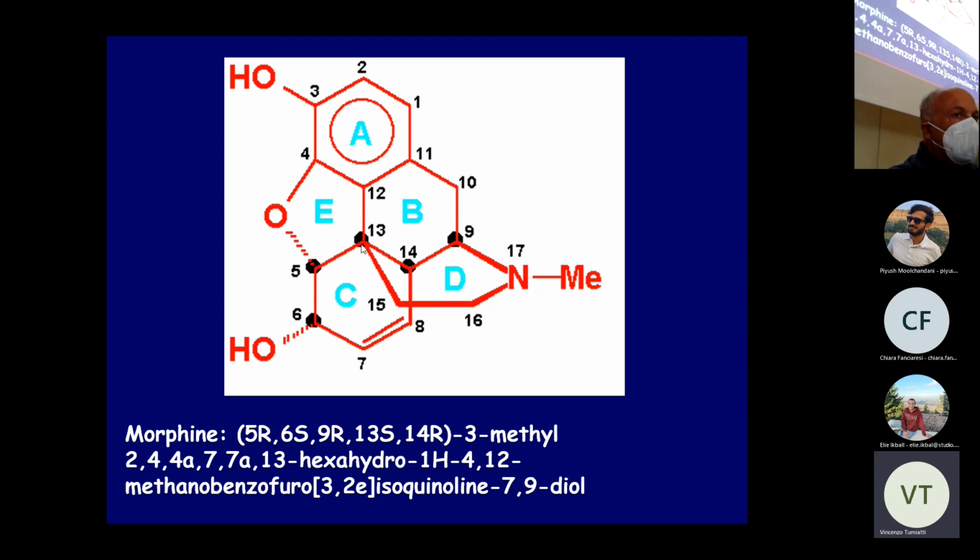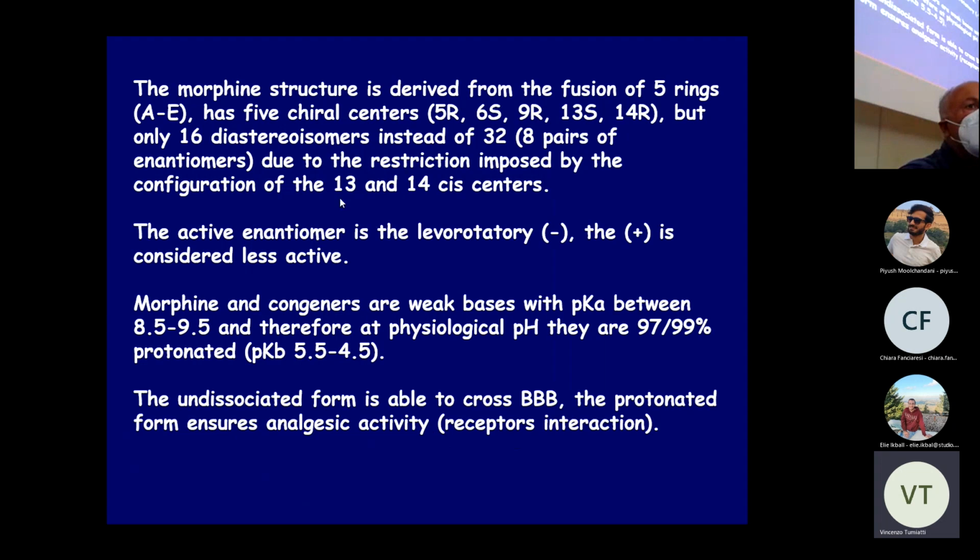Because carbon atom 13 and carbon atom 14 are blocked. It is not possible to change the configuration of these two due to the fusion between rings C, B, and D. So you see here in the picture, the restriction imposed by the configuration in cis.